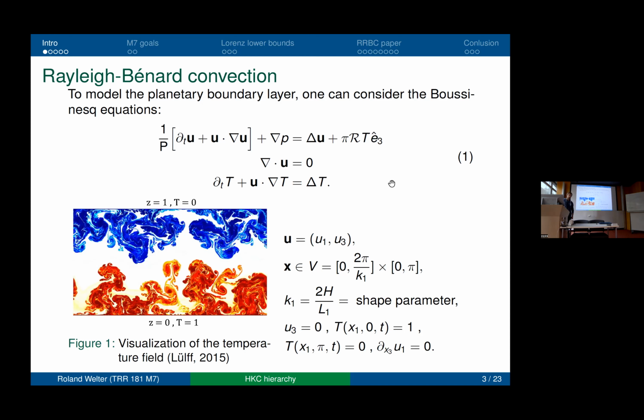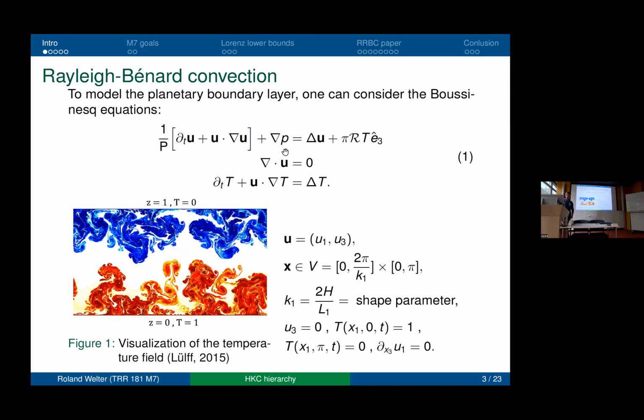But the key aspect is that they're non-hydrostatic, and they don't involve a parameterization in the same way that many climate models do. So we're trying to study without parameterization to try to test these parameterizations that are used.